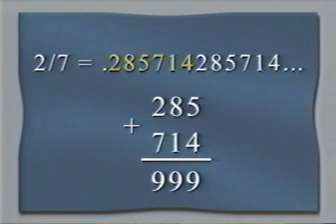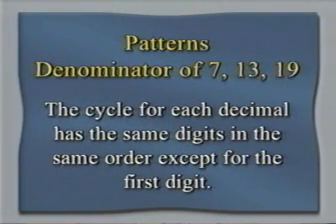This is true for all of the decimal representations of sevenths. If the fractions that have 13 or 19 in the denominators are written as decimals, the same 2 patterns are observed. The cycle for each decimal has the same digits in the same order, the only difference being the first digit. This is true for all the fractions with 13ths, and again true for all the fractions with 19ths.